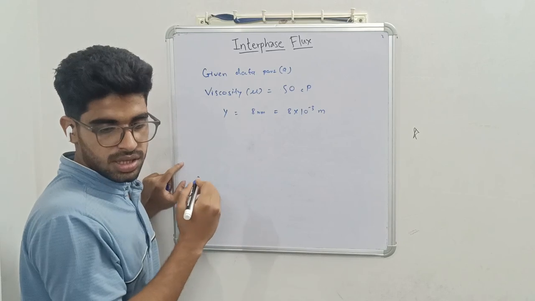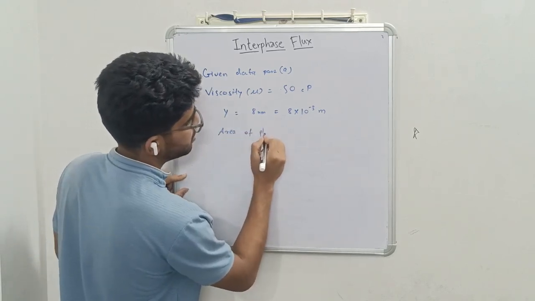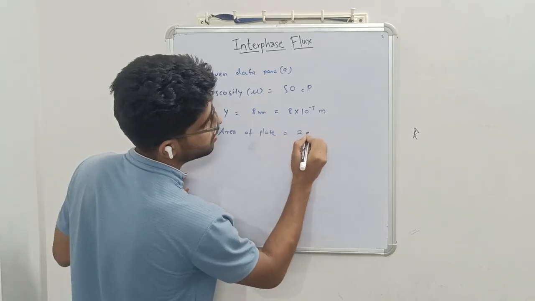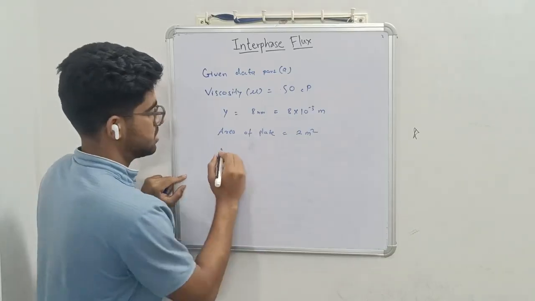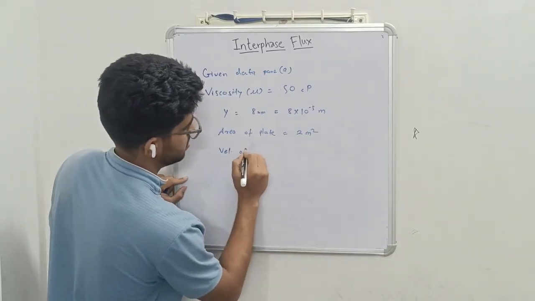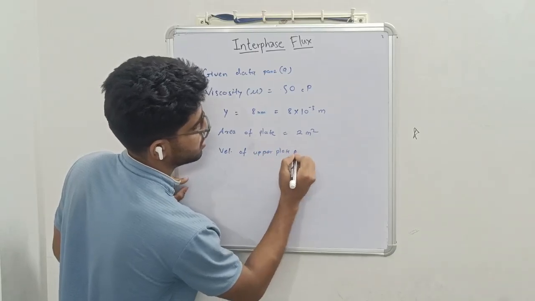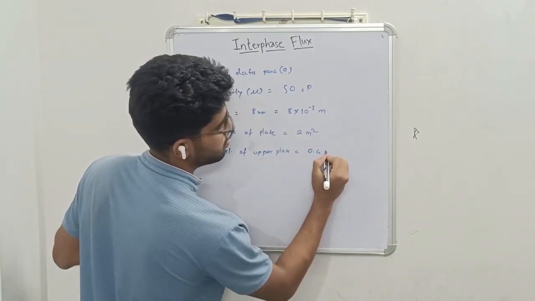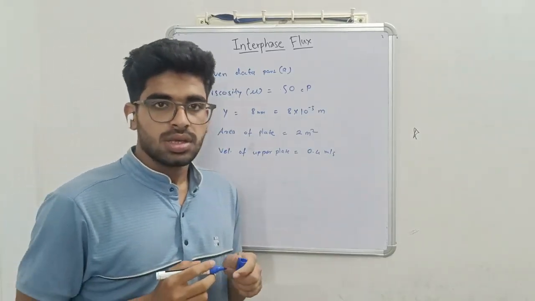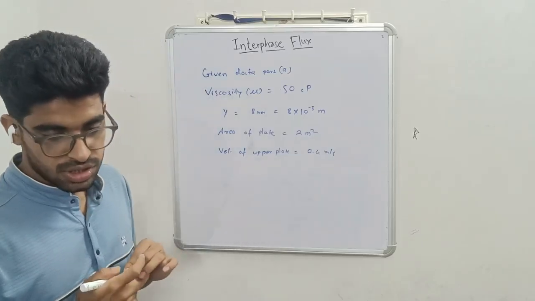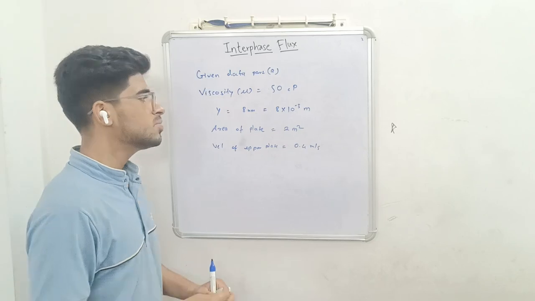And next one is the area of plate, which is 2 meter square, and the velocity of upper plate is 0.4 meter per second, and the lower plate is kept stationary. So this is the classical Newtonian shear flow between the parallel plates. So now we will move on to the solution part.